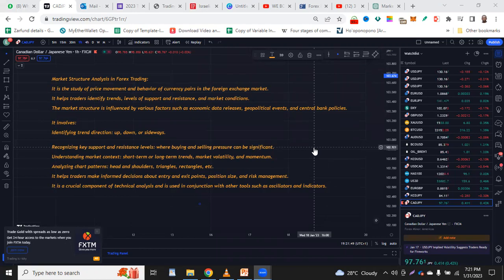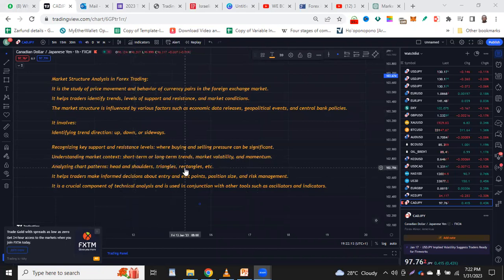So you are not bothered. When you add your risk to reward ratio and your money management to that, you are significantly profitable. So understanding market structure, short-term, long-term trends, market volatility, and momentum, all of that is pictured for you in market structure, right?